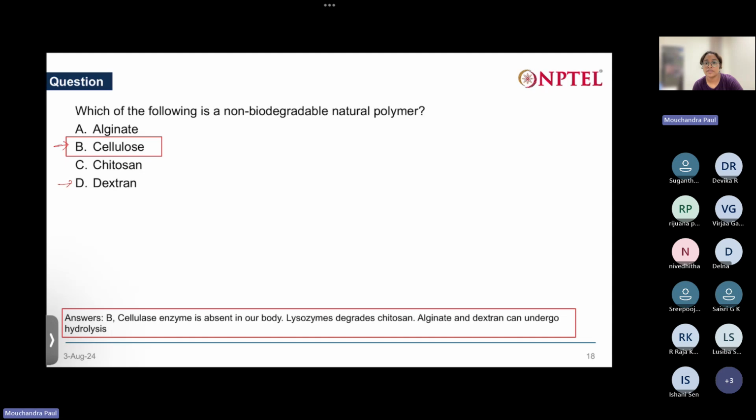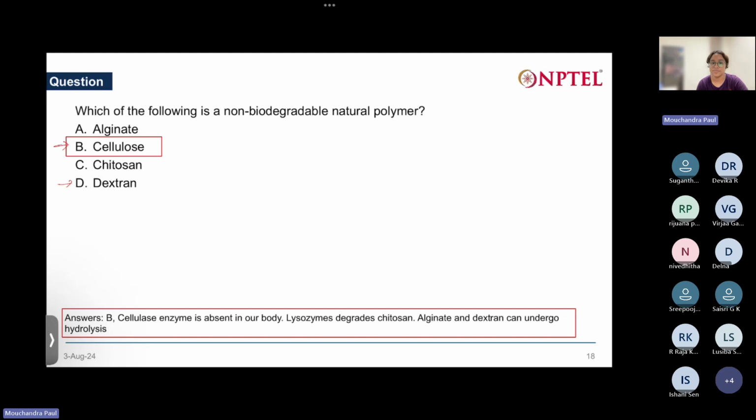Biodegradation means that in the physiological environment of your body, or in the presence of enzymes or cellular activities, the polymer is broken down into smaller and smaller pieces so that it can be excreted through the excretory pathways in your body.